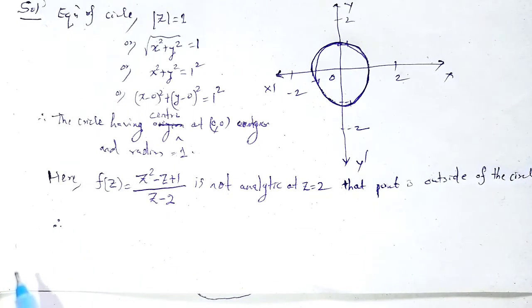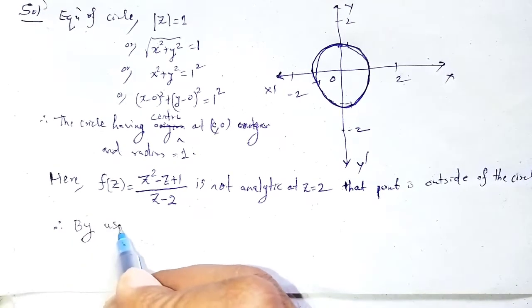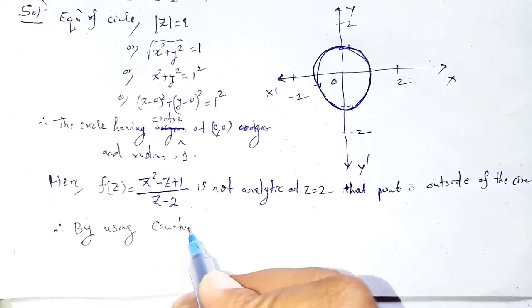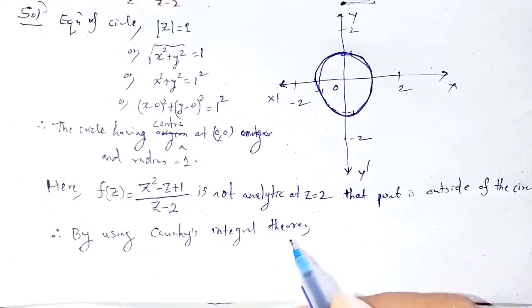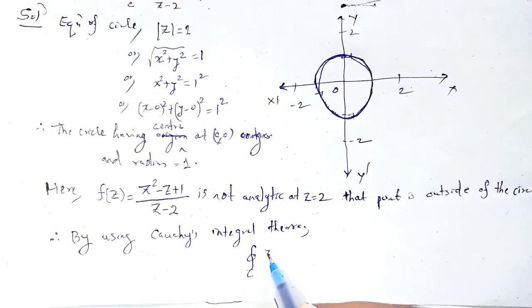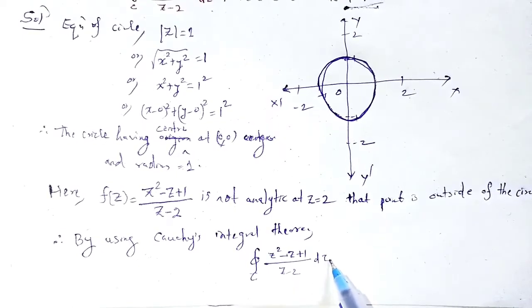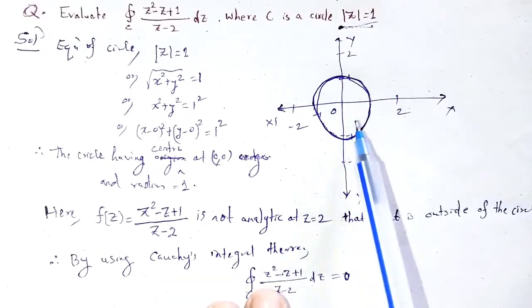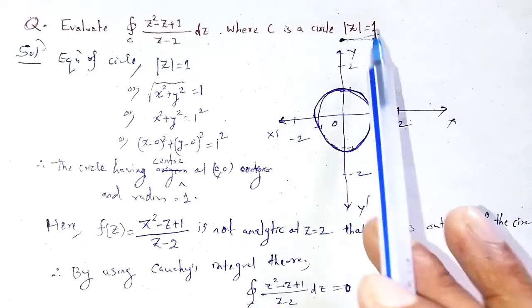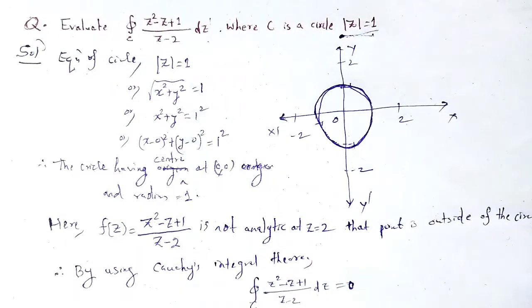Therefore, by using Cauchy's integral theorem, the closed curve integration over C of z square minus z plus 1 divided by z minus 2 dz will be 0, as there is no such point inside the given circle. In this way, we apply Cauchy's integral theorem to evaluate the given complex integration.